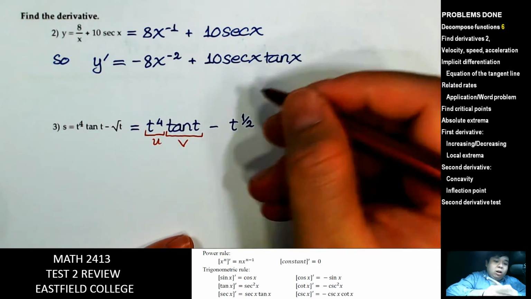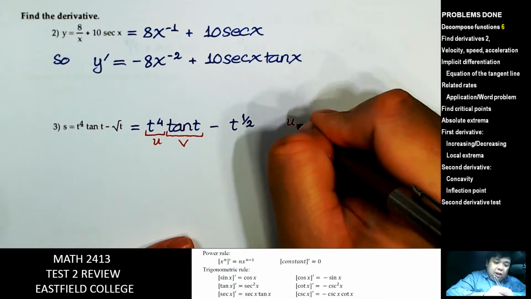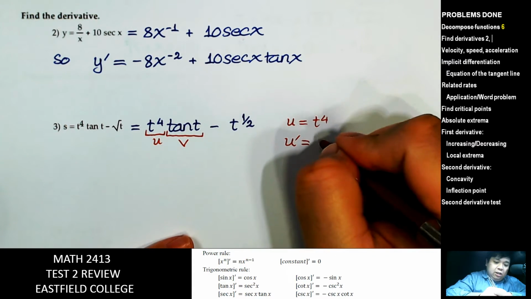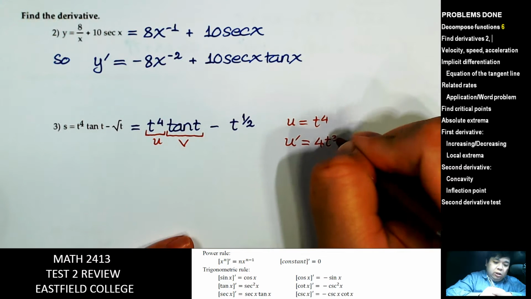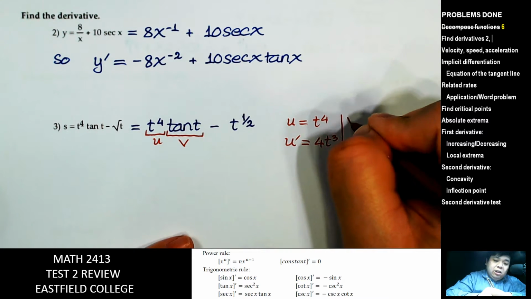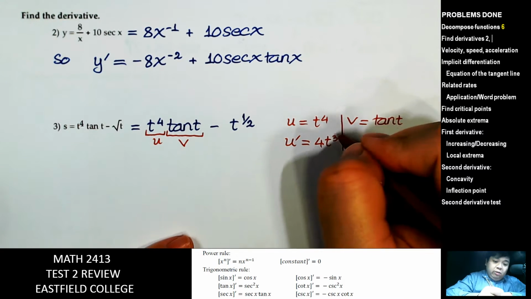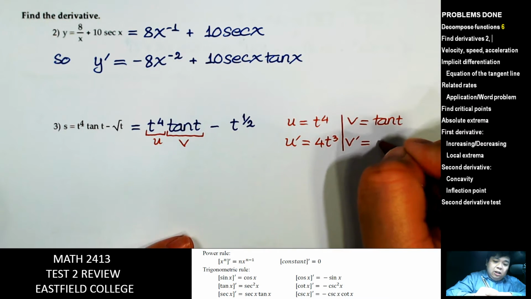Right, we have a product. So let's say u is t to the 4th, derivative of that, 4t cubed. V is tangent of t, derivative of that, secant square.